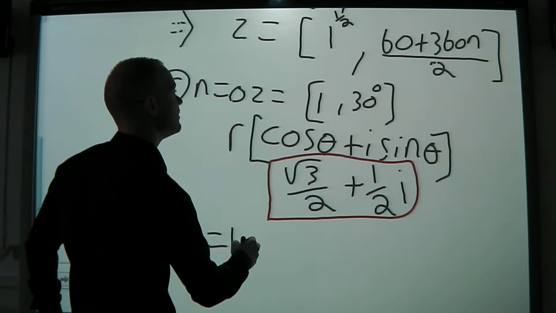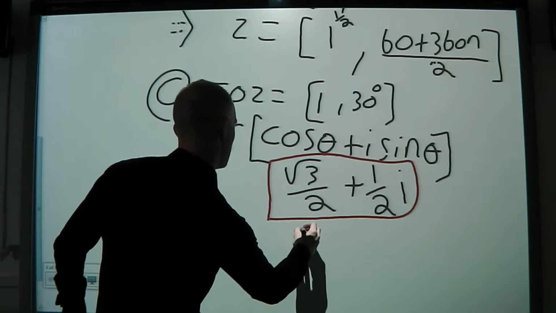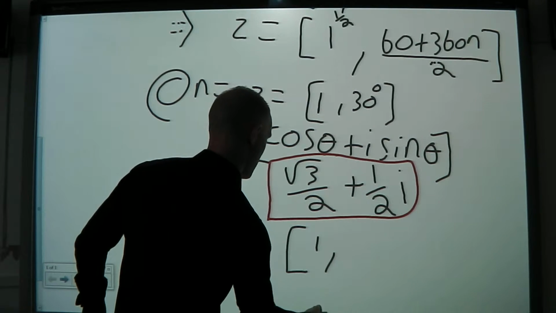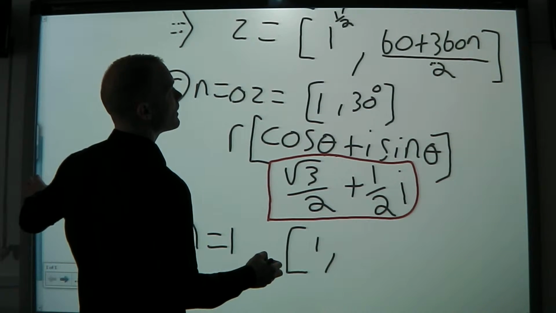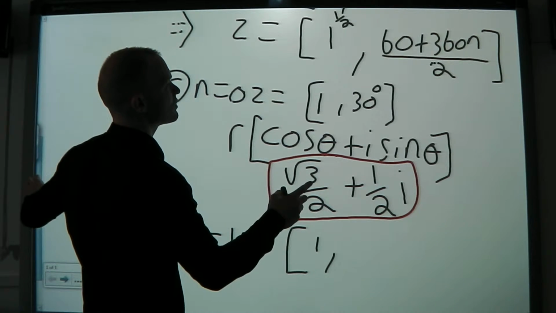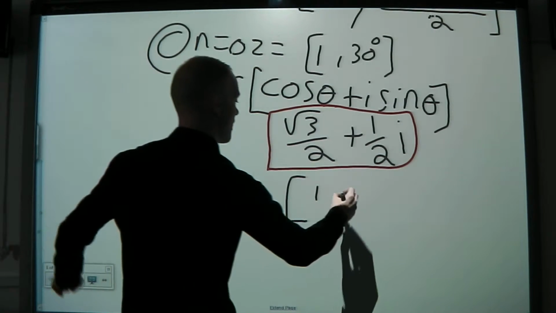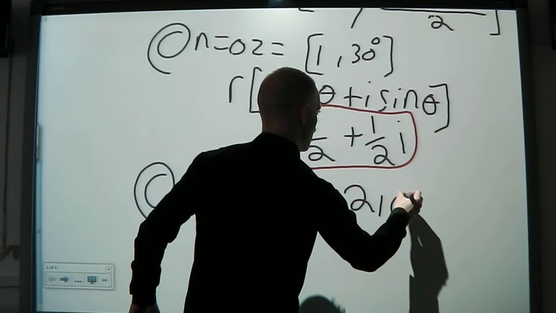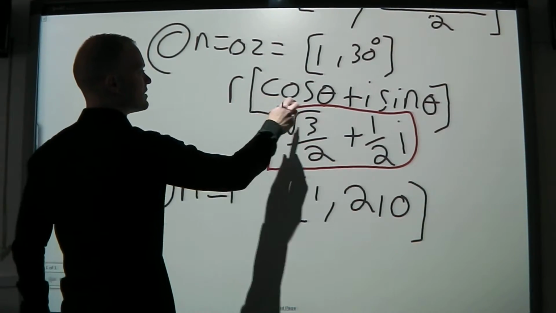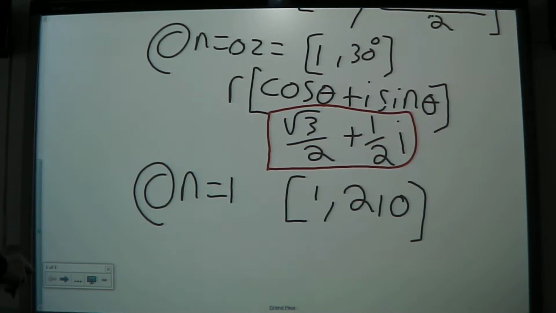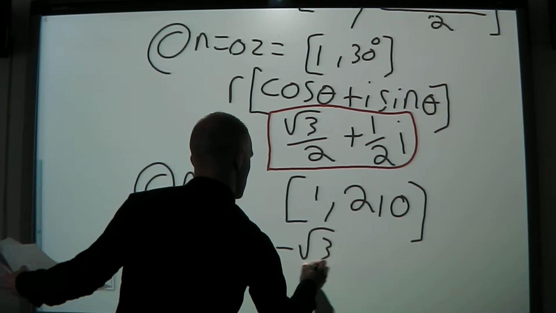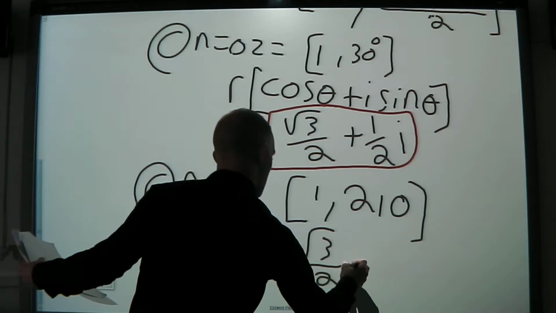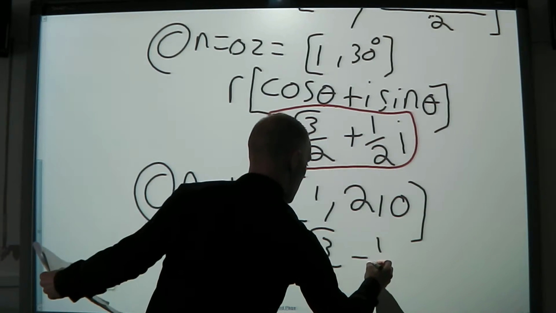So n equal to 1 implies our angle is 1 comma 360 plus 60, which is 420, over 2, which is 210. And again we use r cos theta plus i sin theta, and that works out to be minus root 3 over 2 minus a half i.